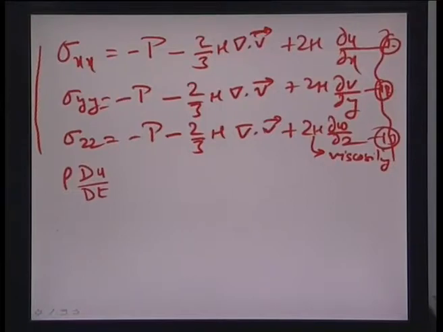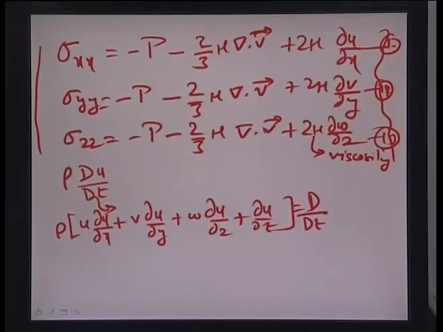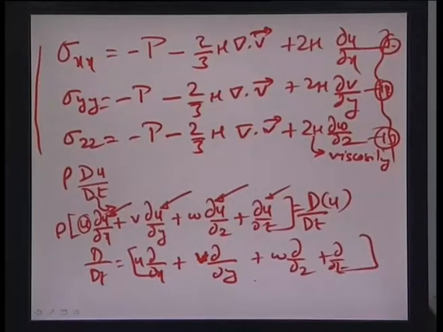The left side of the equation was rho times of u del u by del x plus v del u by del y plus w del u by del z plus del u by del t. We take this to be the operator d by dt of u, u being this variable here. The operator d by dt is nothing but u del by del x plus v del by del y plus w del by del z plus del by del t. That is essentially what the operator is. So we have defined this operator in this manner.